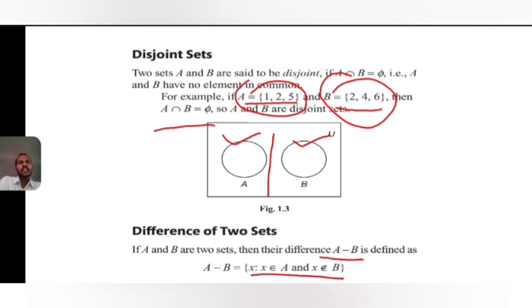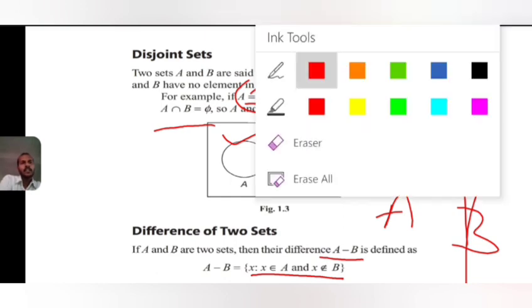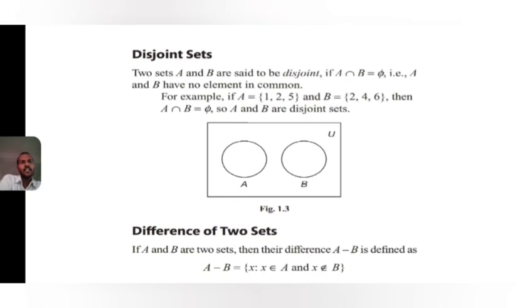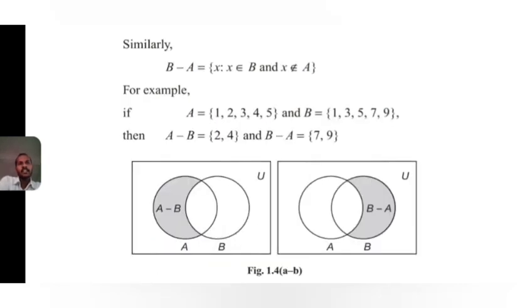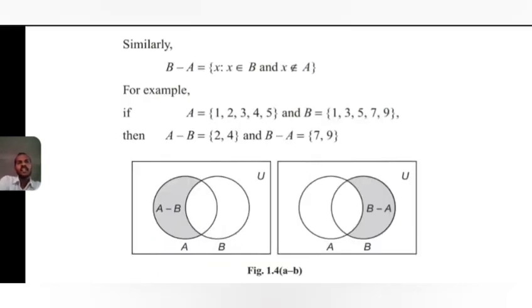Difference of two sets is nothing but the elements belonging to set A but not set B, right? Similarly, B difference A is {X such that X belongs to B and X does not belong to A}. Here the elements belong to set B but not set A.